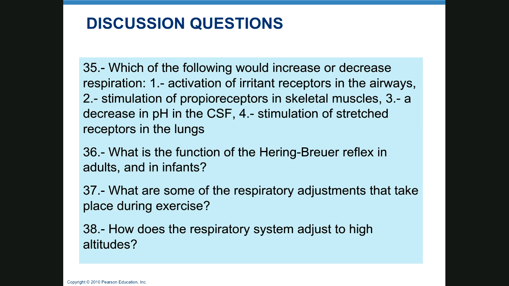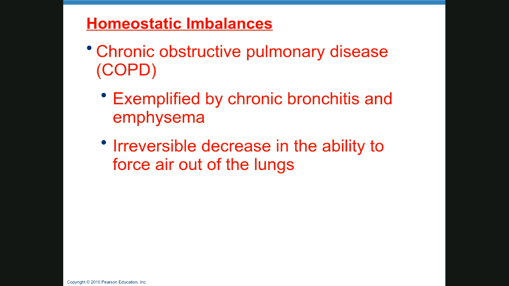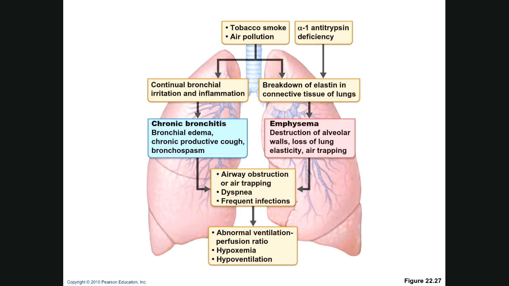Okay, I think that's it actually. Oh, and normal conditions, COPD, we talked about that, is an obstructive disease. Chronic bronchitis is a COPD, emphysema is a COPD. And this is just talking about tobacco or pollution is going to inflame the bronchus continuously, creating chronic inflammation.